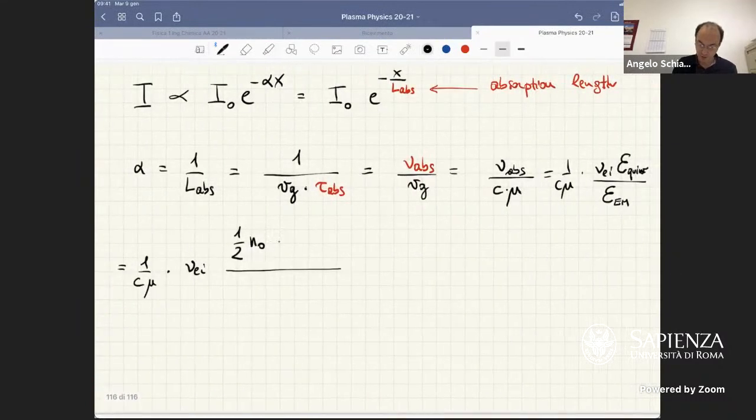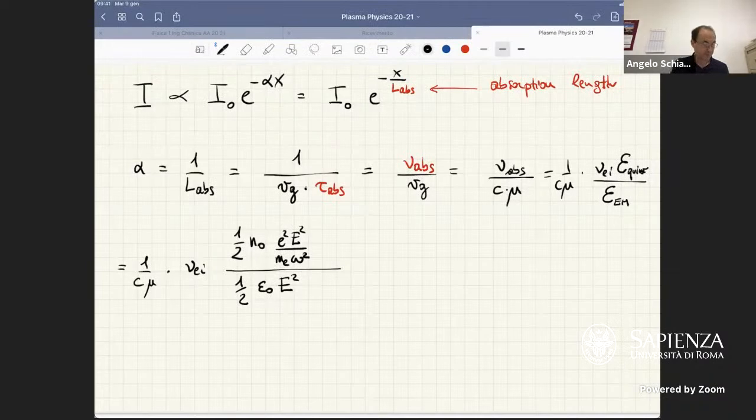Then we have electric charge squared, electric field squared, times mass of the electron times omega squared. At the denominator, we have the electromagnetic energy density, which is 1/2 epsilon naught times the electric field squared.